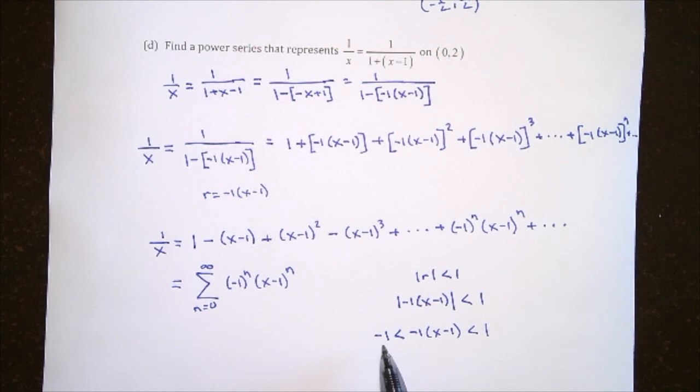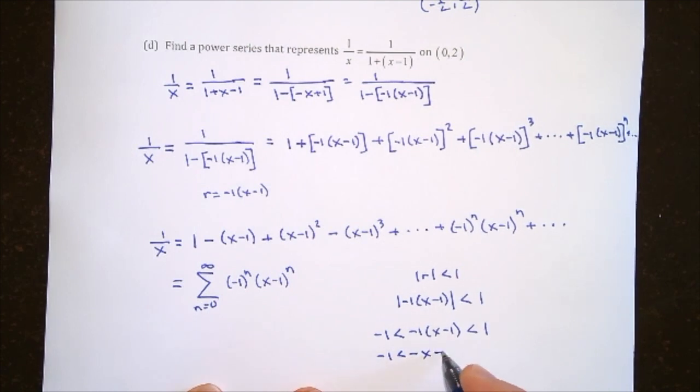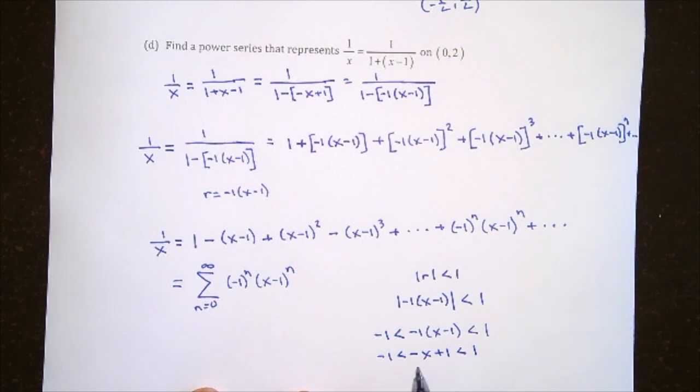And there's different ways you could go about doing this. You could divide the left, the middle, and the right by negative 1, and then you change the direction of the inequalities. You could also distribute. I'm going to distribute it. So this is negative 1 is less than negative x plus 1, which is less than 1. And what I'm going to do is take 1 away from the left, the middle, and the right.